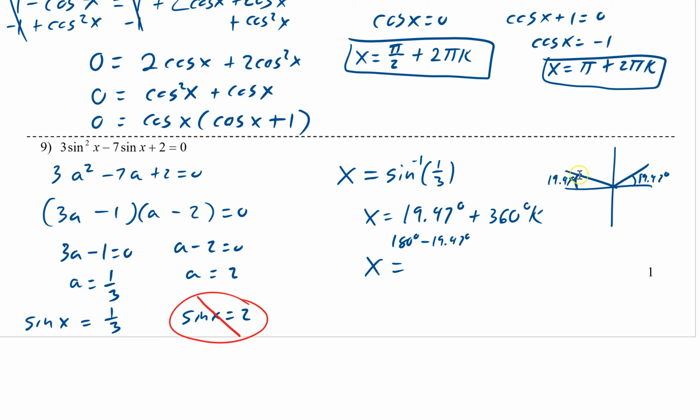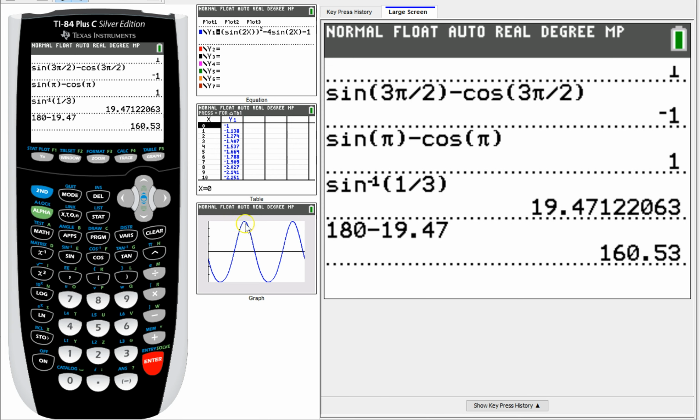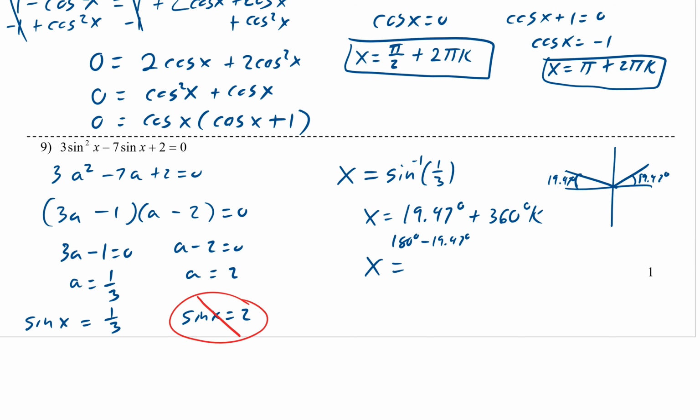So it's 180 take away 19.47, which gives us 160.53 plus 360 degrees k.